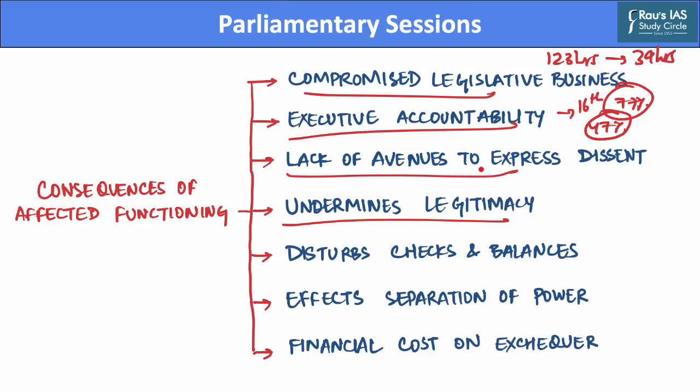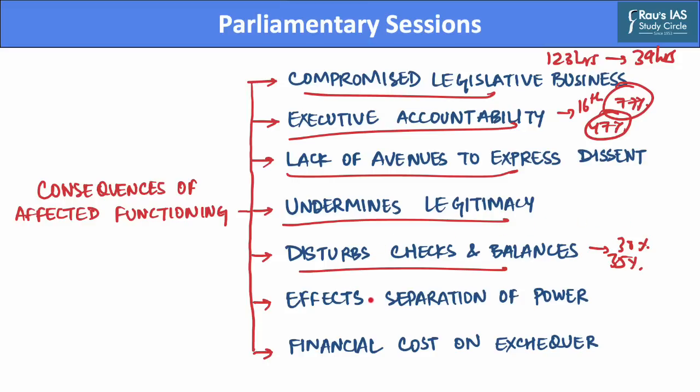Further, affected functioning of the parliament disturbs the mechanism of checks and balances. As disruptions take about 30% of the time of Lok Sabha and 35% of the time of Rajya Sabha, it undermines the delicate system of checks and balances which ensures that the legislature holds the executive accountable.